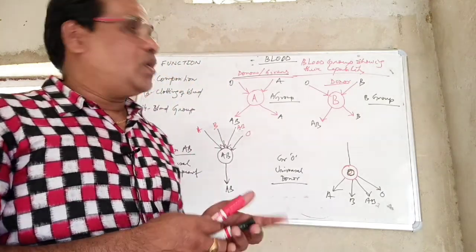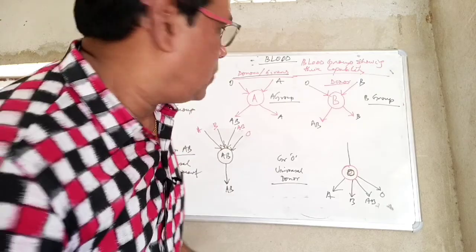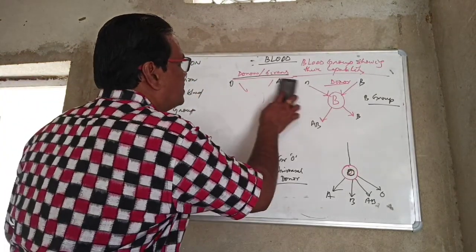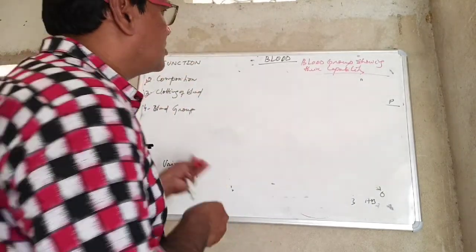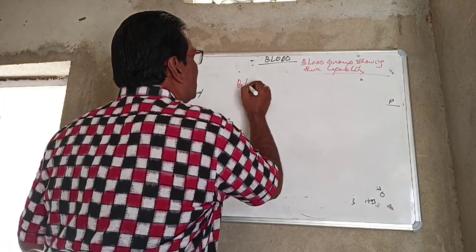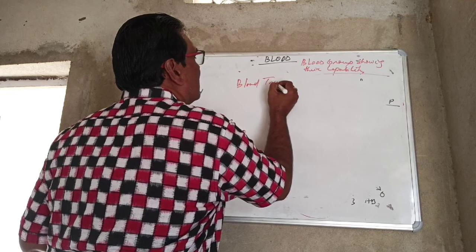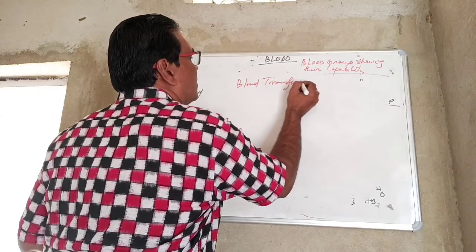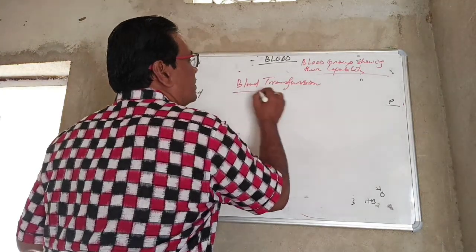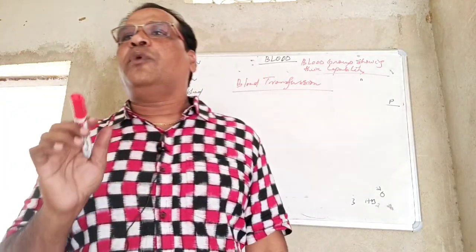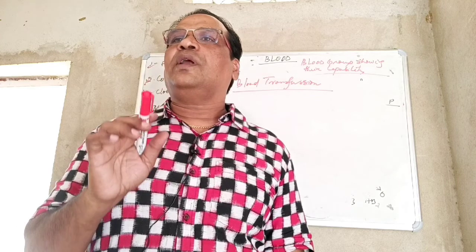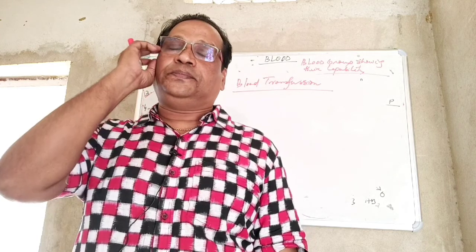Next is blood transfusion. So what is blood transfusion? A blood transfusion is a way of adding blood to your body after an illness or injury.